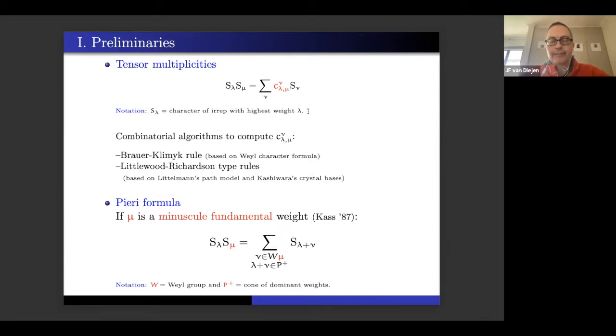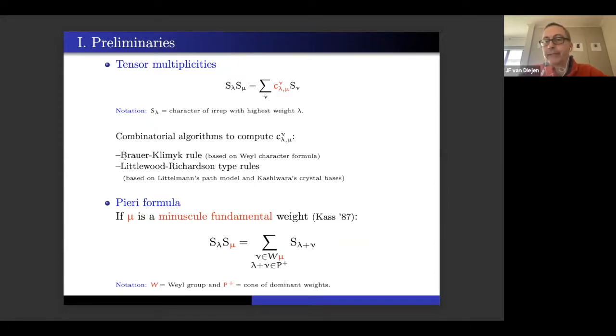Anyway, so it's these coefficients that we want to compute, and well, there are of course a great deal of formulas and algorithms to do that. These are very complicated coefficients in general. Really, there's not much hope of very explicit formulas that describe all cases, but there are combinatorial algorithms to compute these coefficients, and a very important one is the Brauer-Klimyk rule.